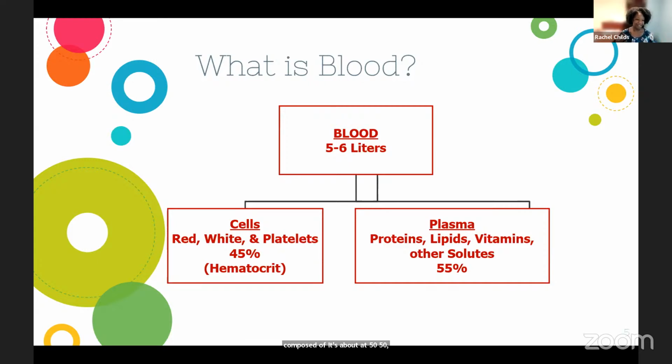It's not exactly 50-50, it might be 45-55 or 55-45 reverse, but it's roughly a 1-to-1 ratio. Your plasma is just the liquid portion that contains all of those cells in the blood. Your plasma can contain proteins, lipids, vitamins, and other nutrients to your cells and tissues, which float within the blood as it travels through your blood vessels.